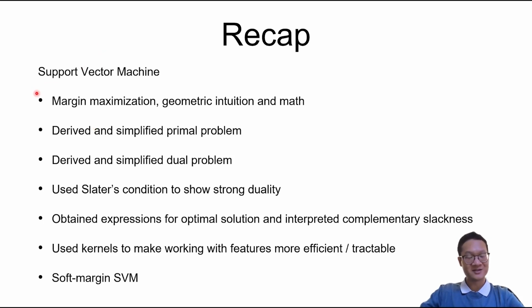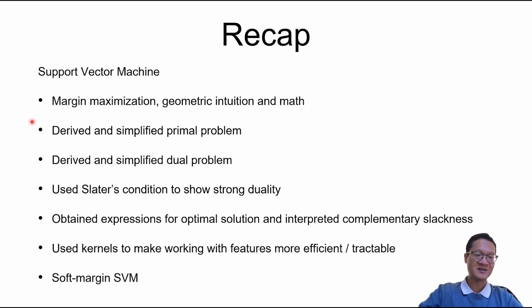Okay, so that was a long discussion about, first of all, explaining the intuition behind SVM, looking at both the primal and dual problems, and finally using the theory of optimization, taking advantage of strong duality, we solved the SVM problem. And then we interpreted the SVM solution as well, right?